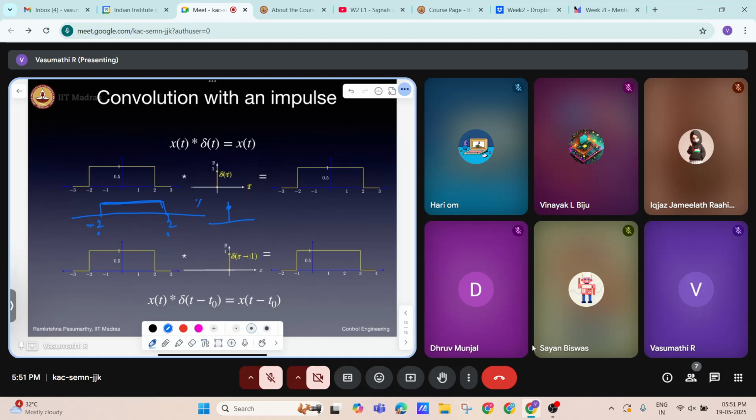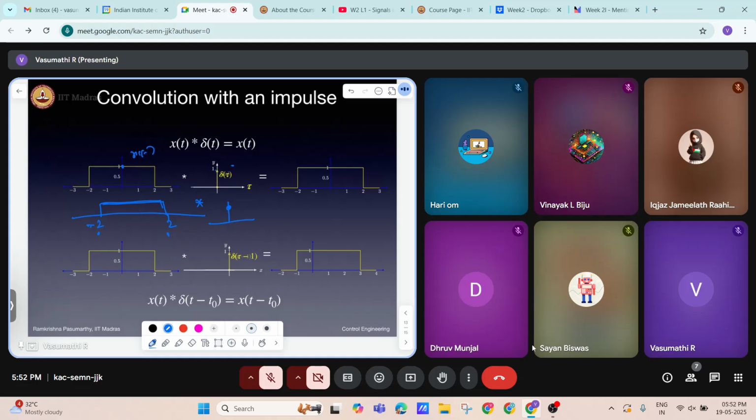If I want to convolve these two, to see what the system output will be, this impulse response is based on my system, and this is the input signal I am giving. The convolution is not bothered by it at all, because this is a single impulse, and at this point it is also active, so it won't change my system's output at all. It will be as it is. My system input will be the same as my system output.